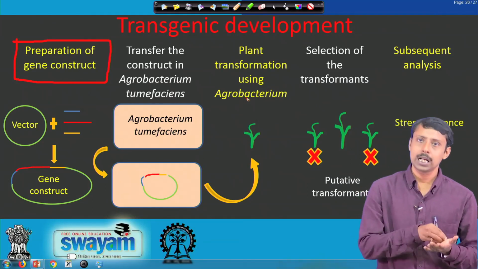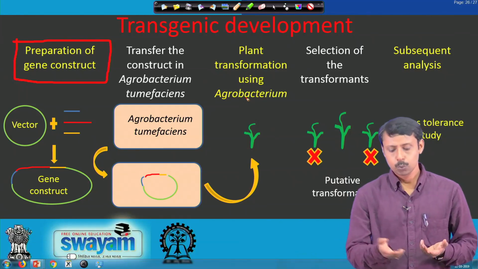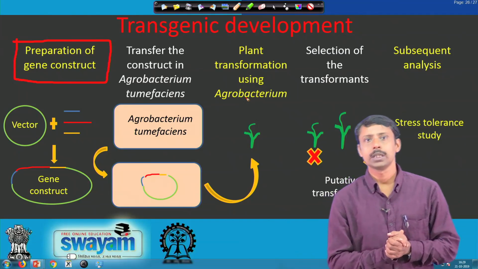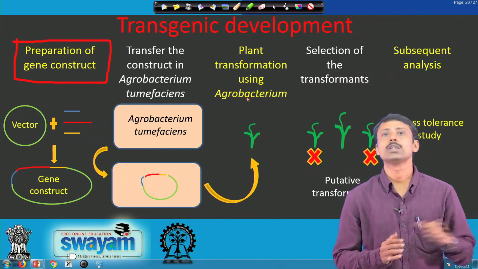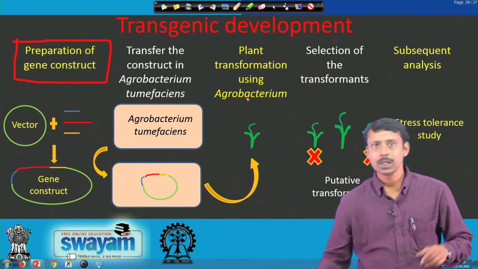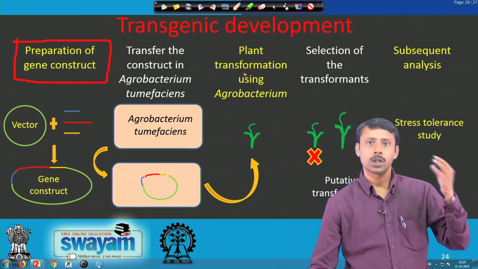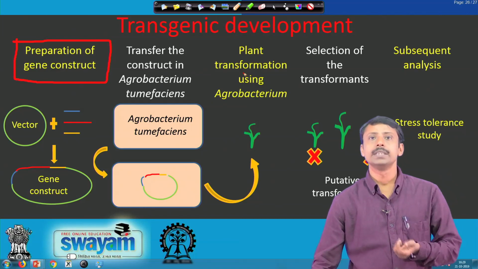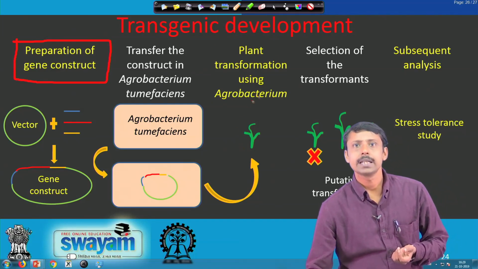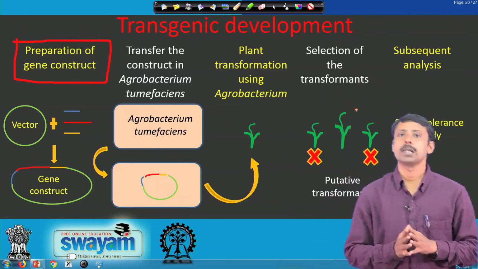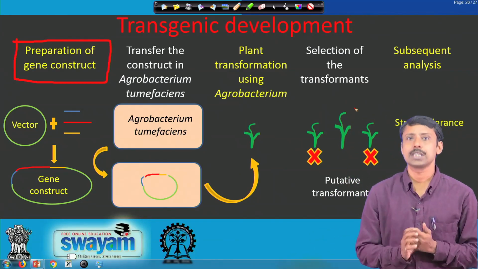So, either the callus or the leaf disc is suspended in the Agrobacterium solution, and that Agrobacterium is harboring our particular gene construct. Once the plant part, the callus or the leaf disc, is transformed with the Agrobacterium, then after co-cultivation and those steps, it is placed in selection media.